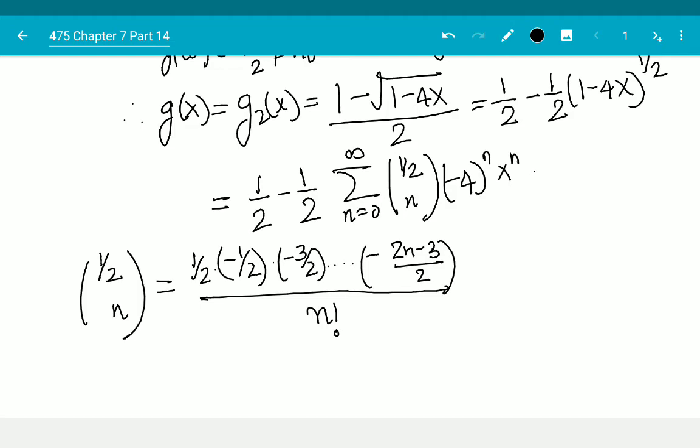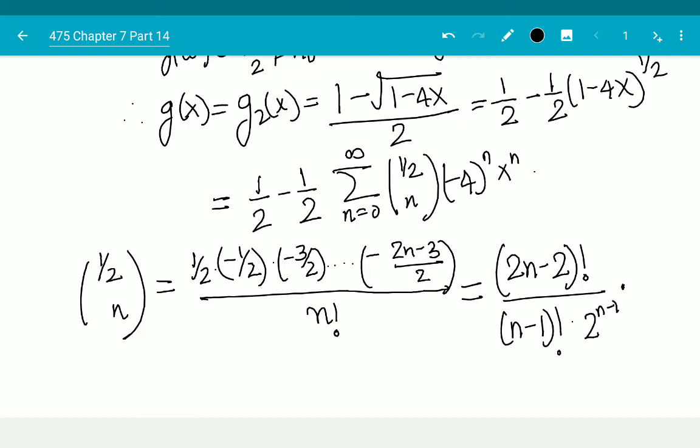Right? This was my definition of z choose n, where z is not an integer, and this is equal to (2n minus 2) factorial over (n minus 1) factorial times 2 to the n minus 1, multiplied by negative 1 to the n minus 1, over 2 to the n times n factorial.